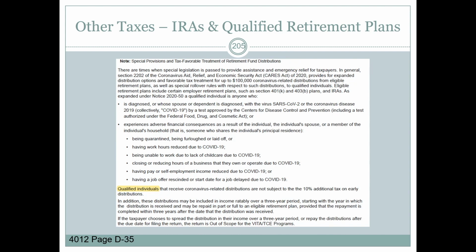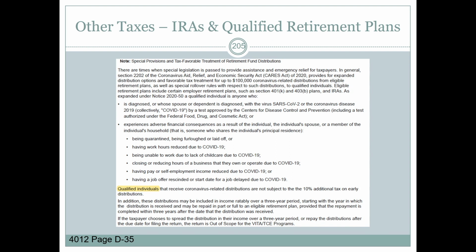Who are qualifying individuals? Qualifying individuals that receive coronavirus-related distributions are not subject to the 10% additional tax on early distribution. And pay close attention to this, because you will see this again in one of our scenarios.